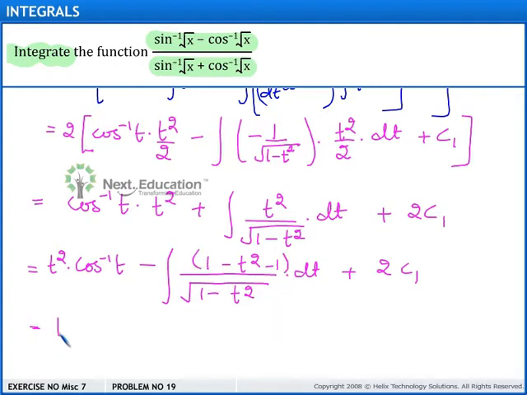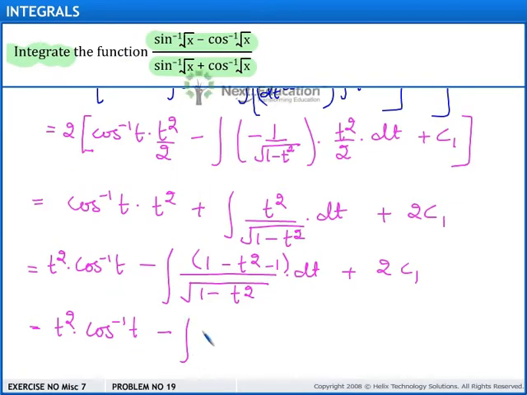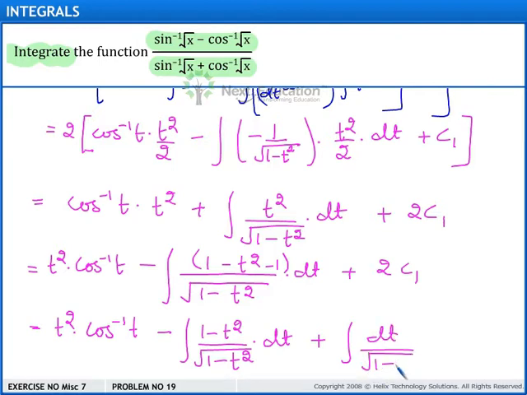This can further be written as t square into cos inverse t minus integral of 1 minus t square divided by square root of 1 minus t square into dt. Now here we get minus into minus is plus integral of dt upon square root of 1 minus t square plus 2 times of constant.